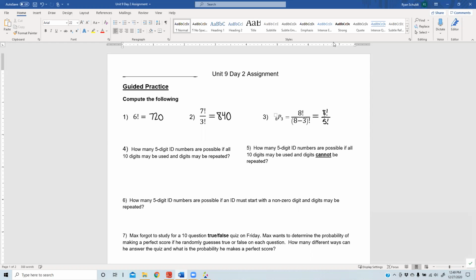You could type it that way. Another way you could do it is say, oh, this is nPr. I want to use that fancy trick on the calculator. So you could say nPr and do 8, 3. That works also. No matter the way you pick, you'll get the same answer.